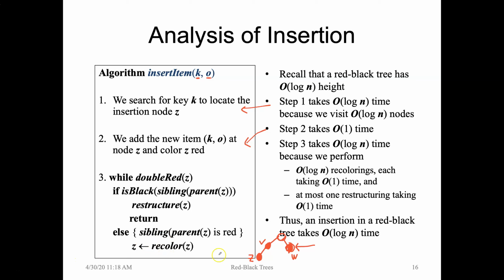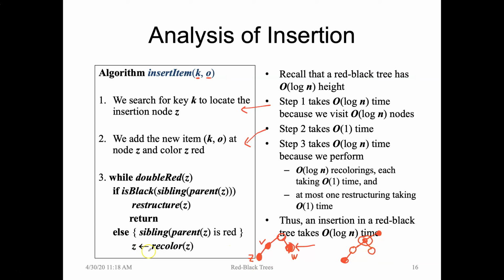So maybe we fixed this double red, but in doing so, we would color these nodes to be black and this node to be red. Maybe the parent of that node was also red. So we fixed this double red, but we kind of moved it up by 2. So in that case, we're going to check again, based on this new node, did we create another double red?